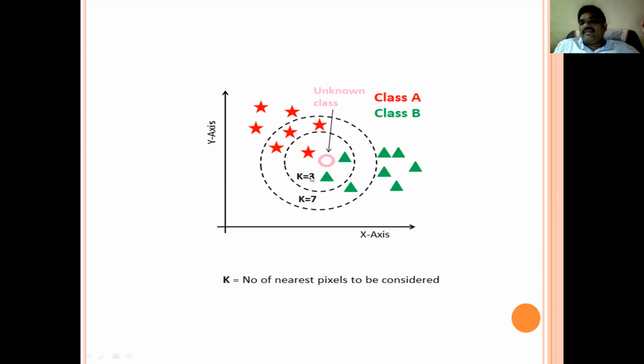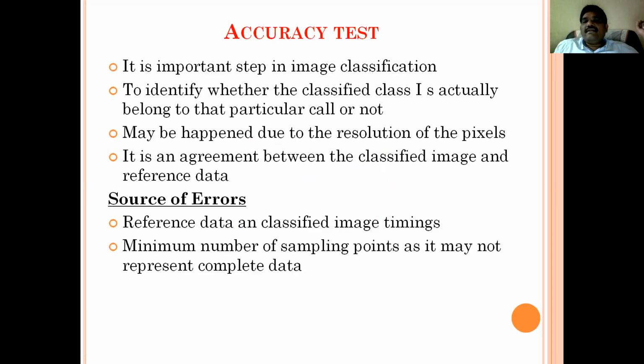Because if K is 3, it is class B. If K is 7, it is class A. Actually, which class is it? For that, you need to get the reference data. Based on that only, you can get the accuracy of the truth, which class it belongs to. Understand? What is accuracy test? It is an agreement between the classified image and reference data.